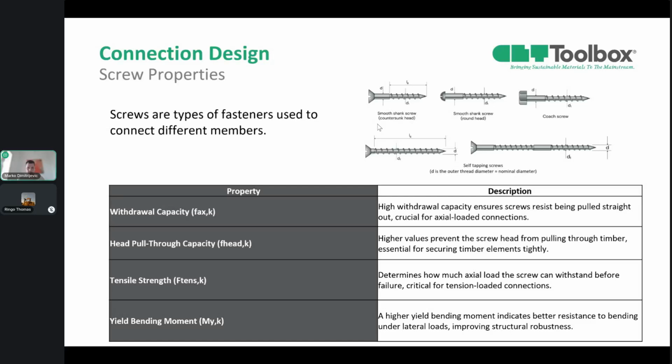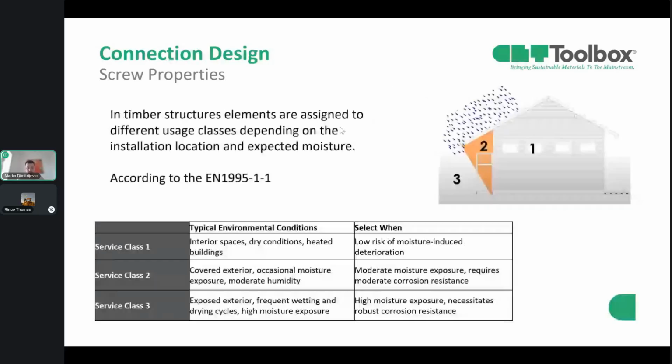In timber structures, elements are assigned to different service classes depending on the installation location and expected moisture. Service classes, according to Eurocode, define how timber responds to environmental humidity, influencing the choice of the connection. So, according to the current Eurocode, we have 3 service classes described as on the table below.